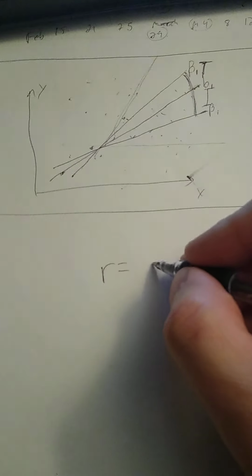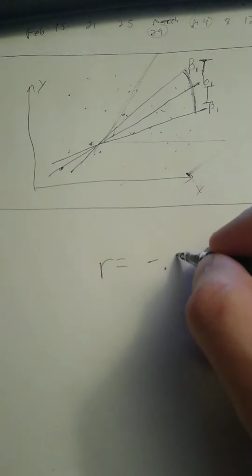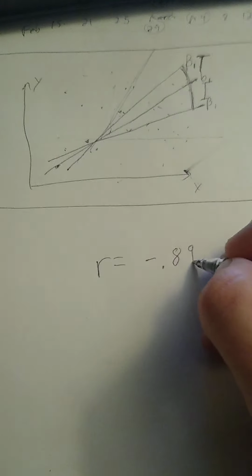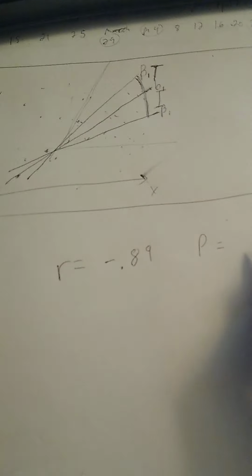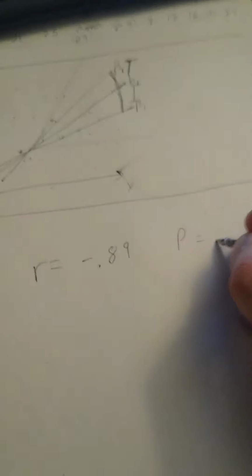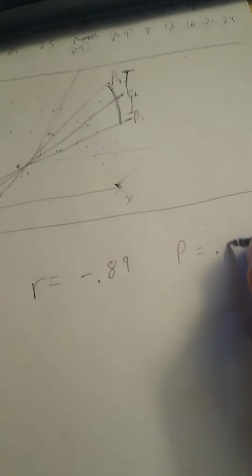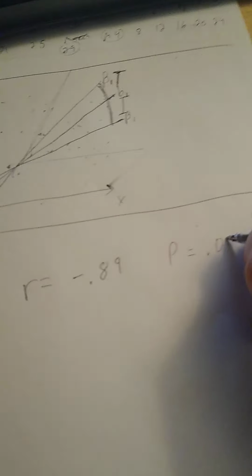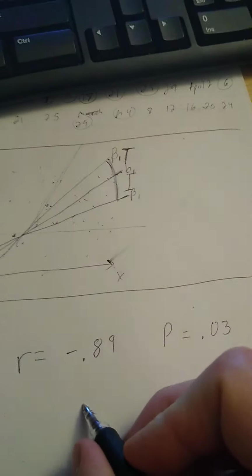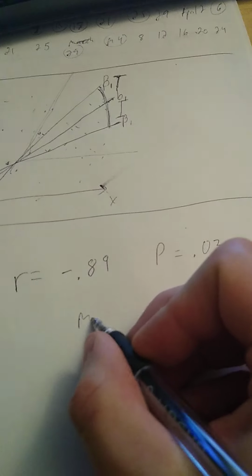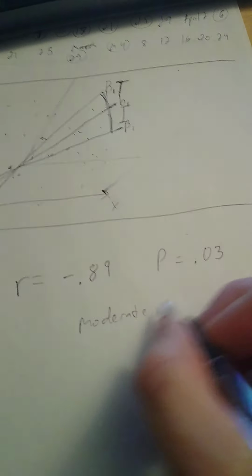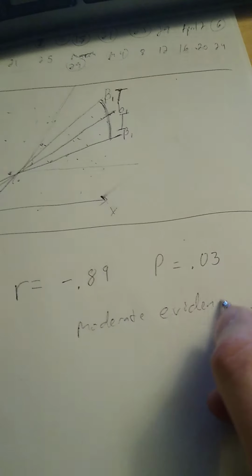I'm going to do one more example for that. Let's just say that r is negative 0.89, and I have a p-value of 0.03, not nearly as strong. So now I'm going to say that I have moderate evidence.